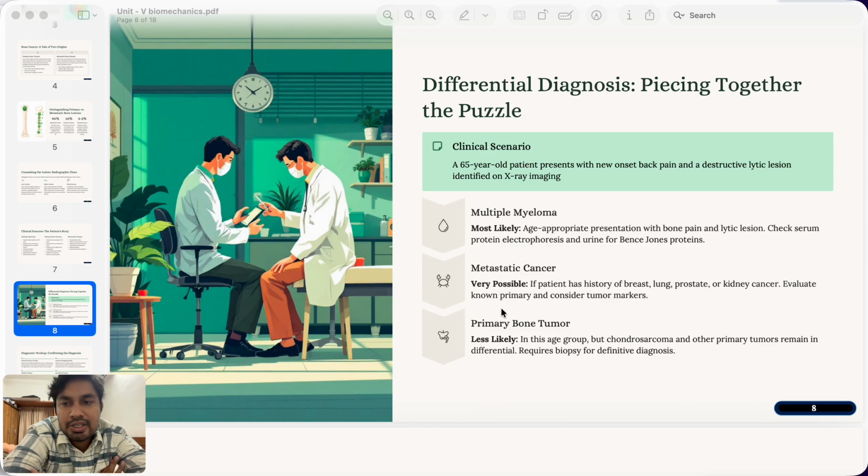And if it is not shown, they'll go for blood-related tests also. Sometimes the blood will show inflammatory responses, which might tell you that something is bothering the body. But most probably, if there is a history of any kind of cancer, they'll go for marker tests and so on.